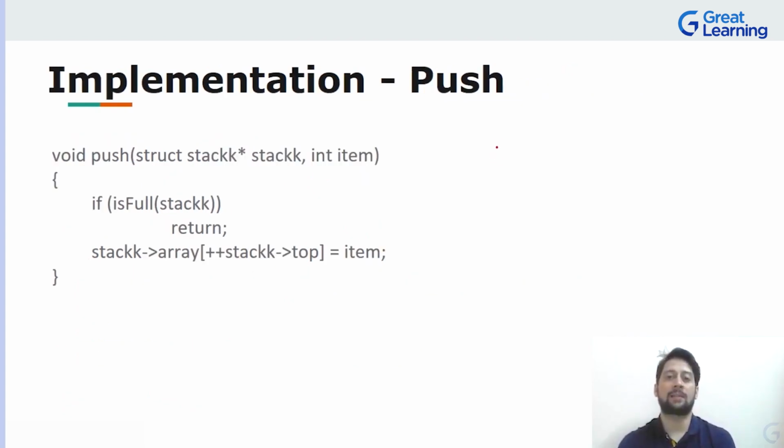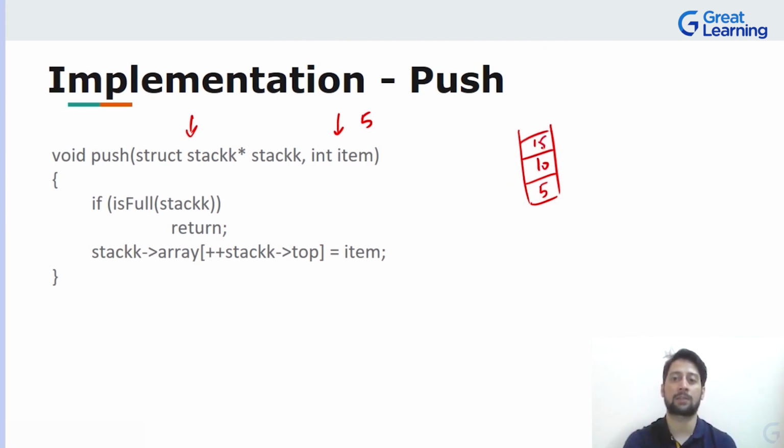Now let's try to understand the implementation of the push method in stack using arrays. The first thing that you see in this push method is the array that we have passed and the item. Let's suppose this is an array, which I have written in this way. The element that we are going to push is, let's suppose, 5. Next time around we are going to push a 10. Next time around we are going to push, let's suppose, 15.